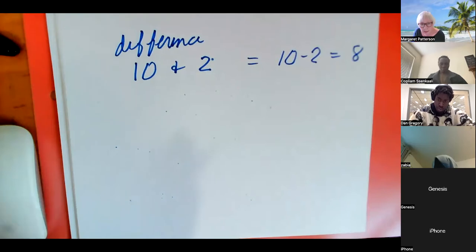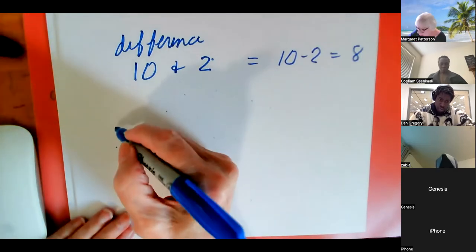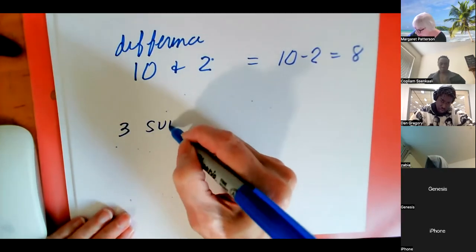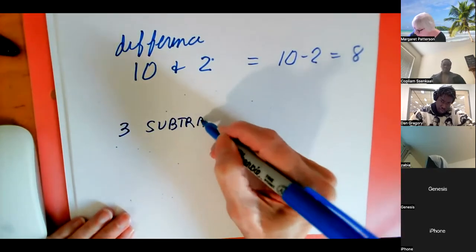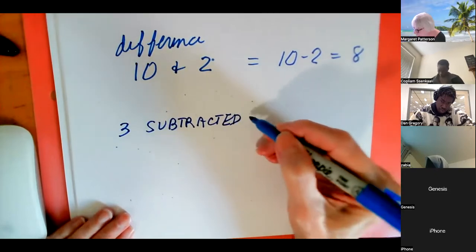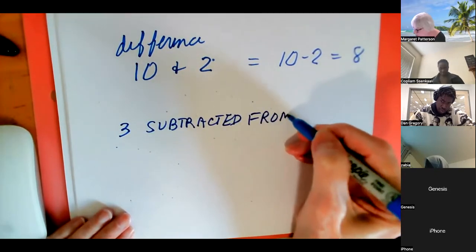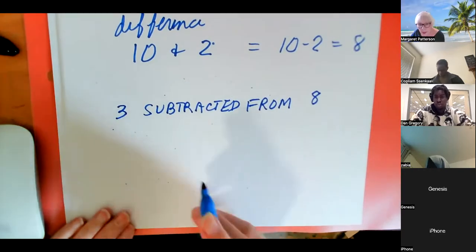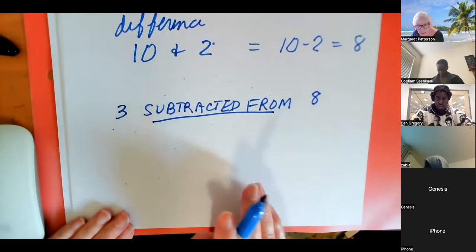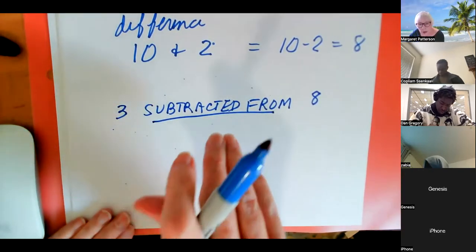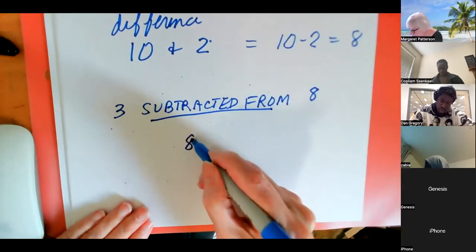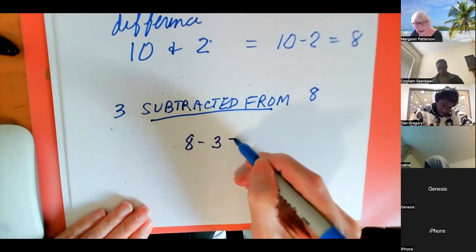The one exception is the one that somebody asked about at the very beginning of class. Find 3 subtracted from 8. This is the exception. When you subtract from 8, 8 is first and 3 is second.